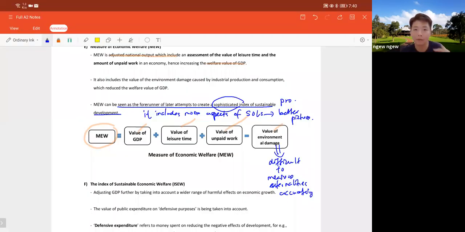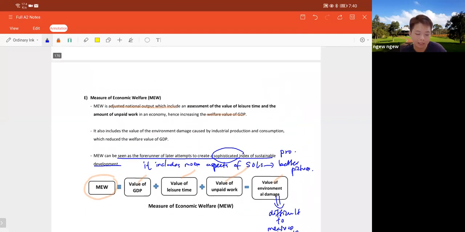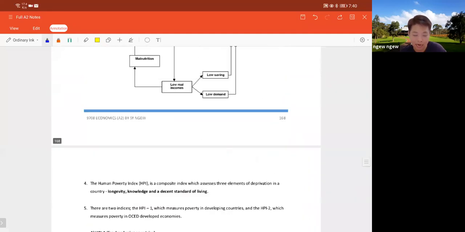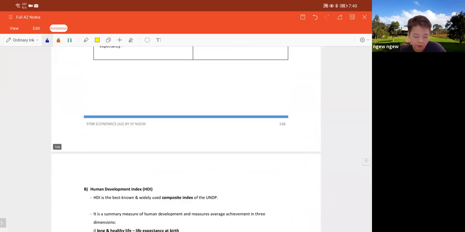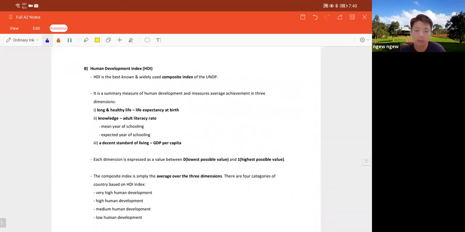Okay, so then we continue. We go back to another indicator, which is HDI. We call it Human Development Index. So guys, for Human Development Index, we learned it back in IG. If you did learn econs in IG, you learned this Human Development Index a little bit, okay?